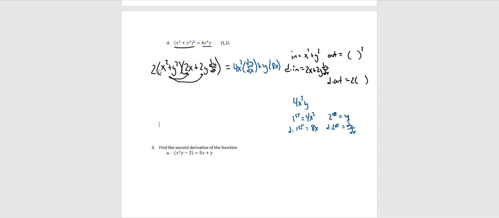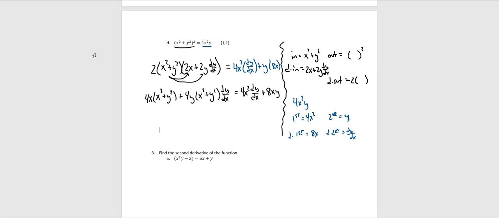So we'll have 2 times 2, which is 4x times x squared plus y squared, plus 4y times x squared plus y squared dy/dx, equals 4x squared dy/dx plus 8xy. Little scratch paper work over there. Yep, that's too bad.